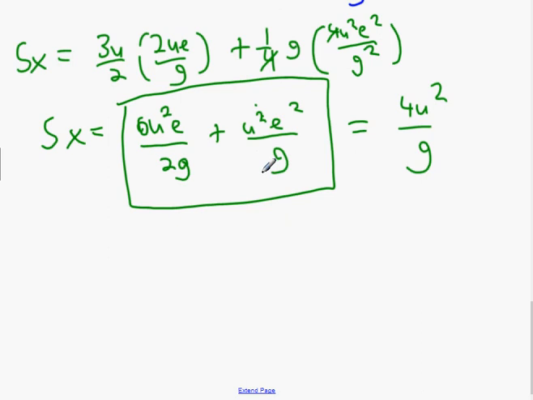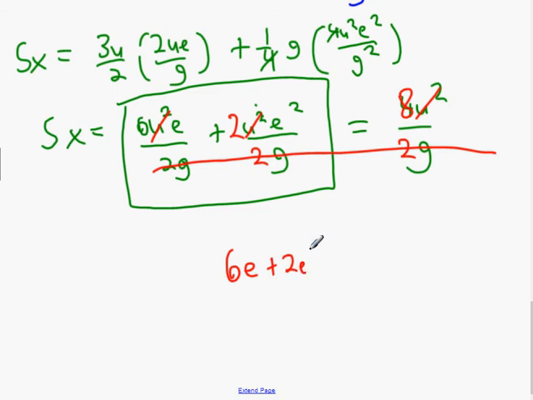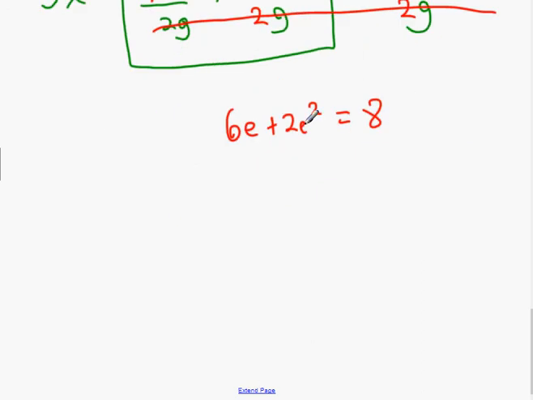Let's turn that into an 8, that into a 2, that into a 2, that into a 2. Cancel all of them. The u squareds can disappear as well. And we're going to be left with 6e plus 2e squared equals 8. Hoping this works. Divide by 2, bring the 8 over the other side. We're going to get e squared plus 3e minus 4 equals 0.